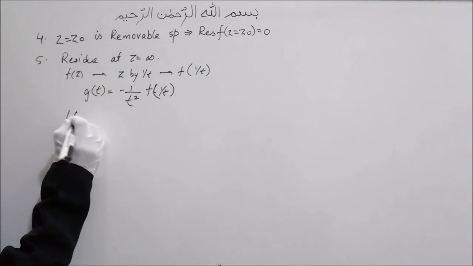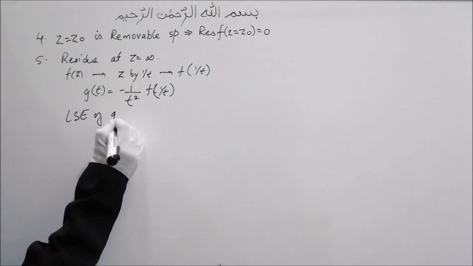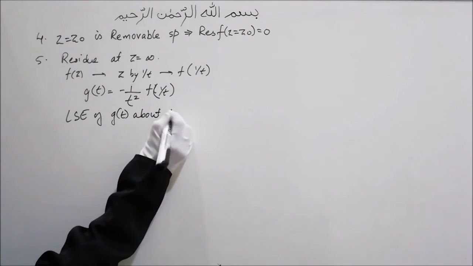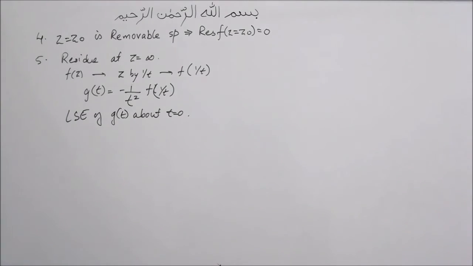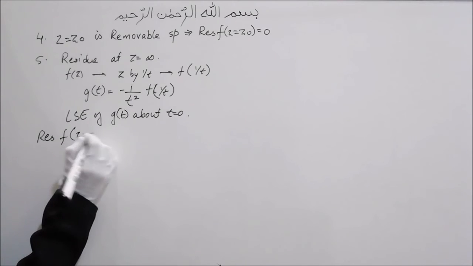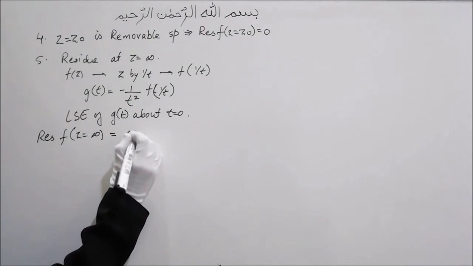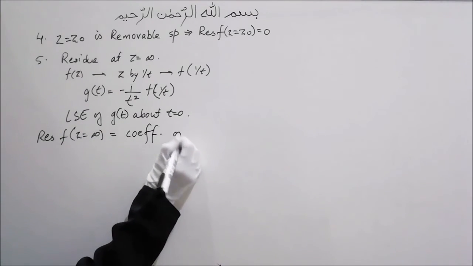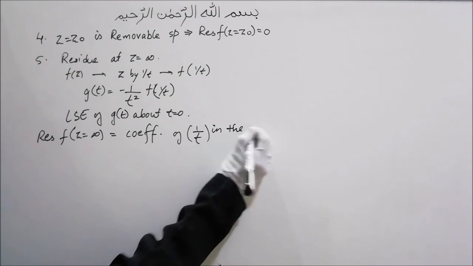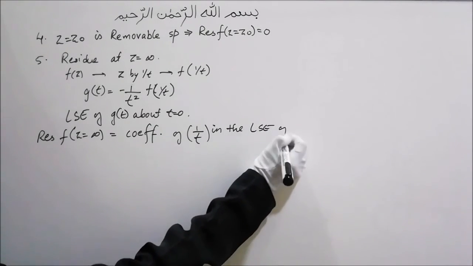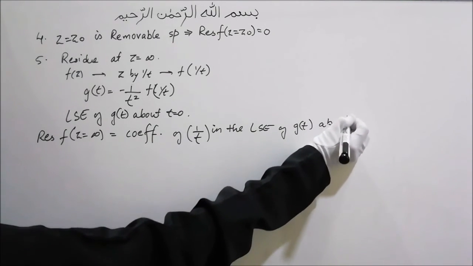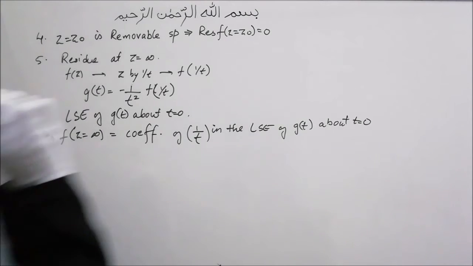Now we will do the Laurent series expansion of this function g of t about the point t equals 0. Then the residue of the function f at z equals infinity will be the coefficient of 1 by t in the Laurent series expansion of this function g of t about t equals 0.